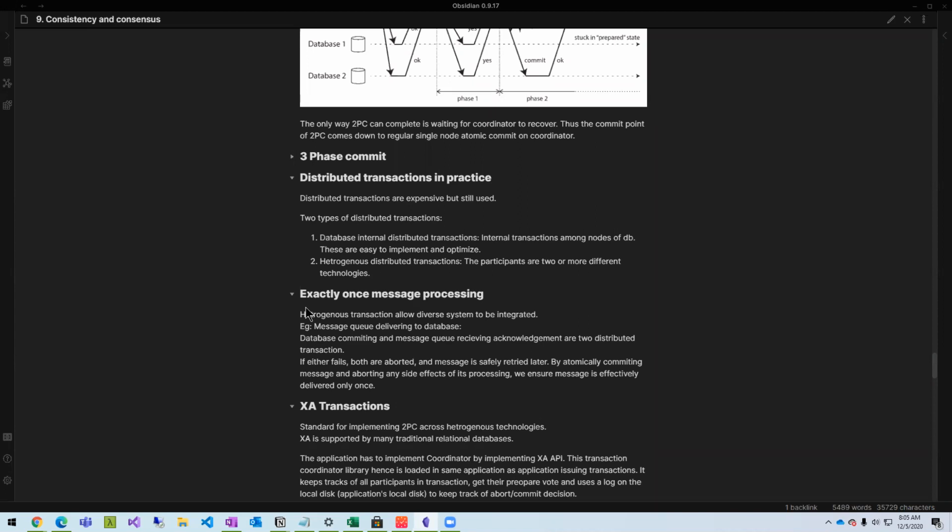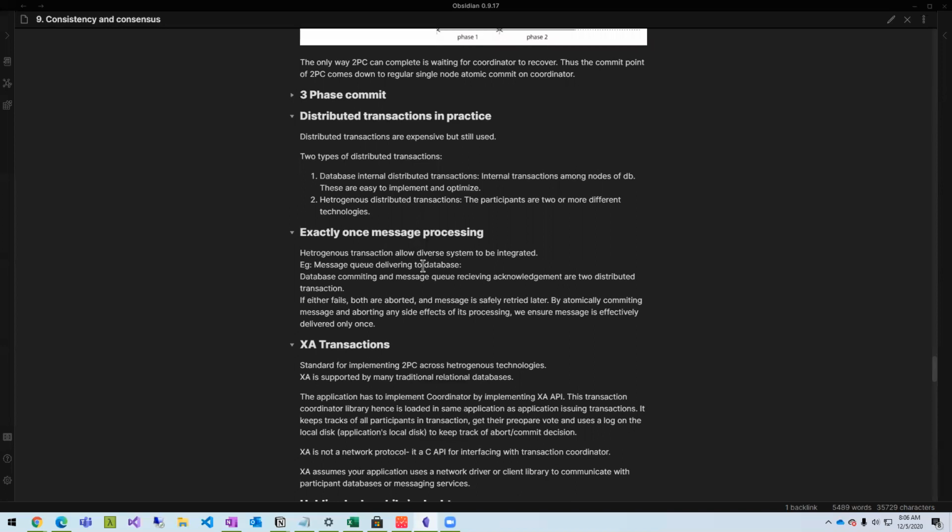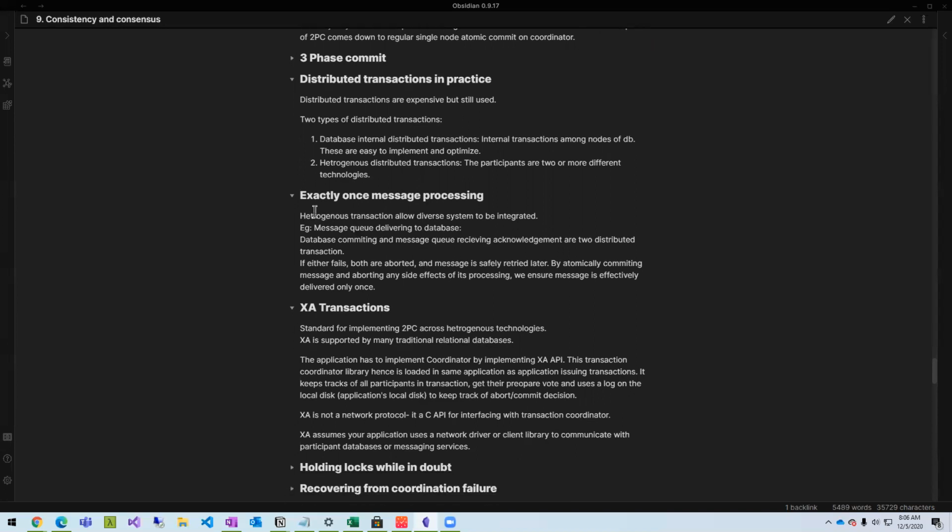So if we want exactly-once message processing, one way is to implement a distributed transaction among the message queue and the database, where one transaction is the write to the database when the write gets committed, and another is when we get the acknowledgement from the database in the queue.